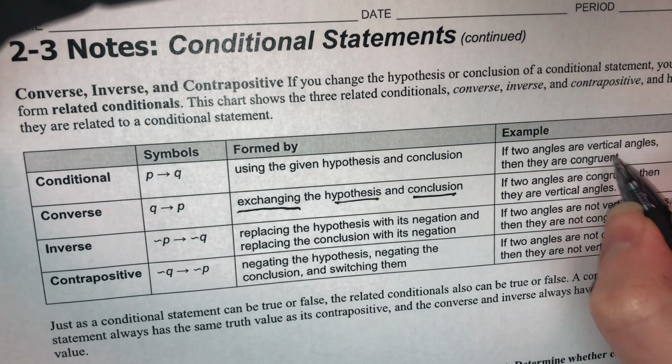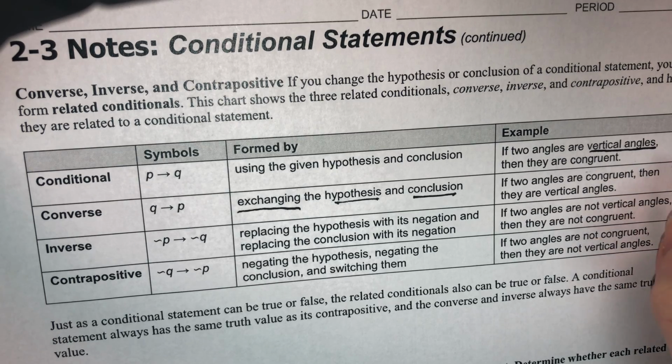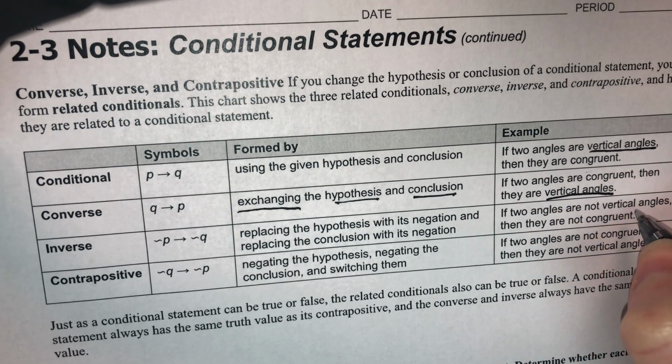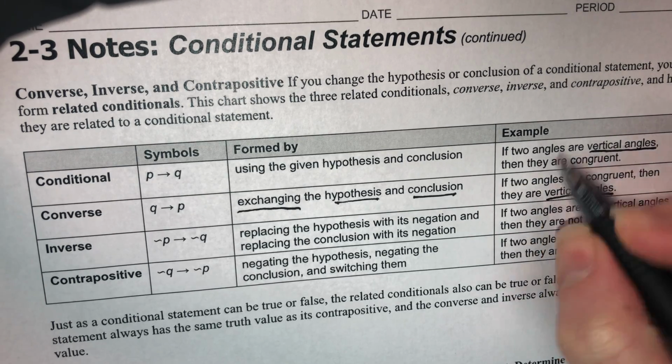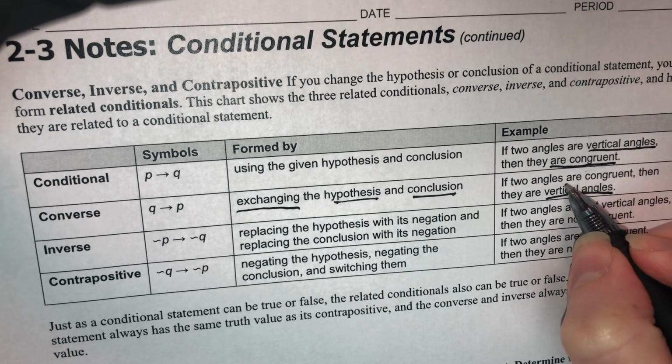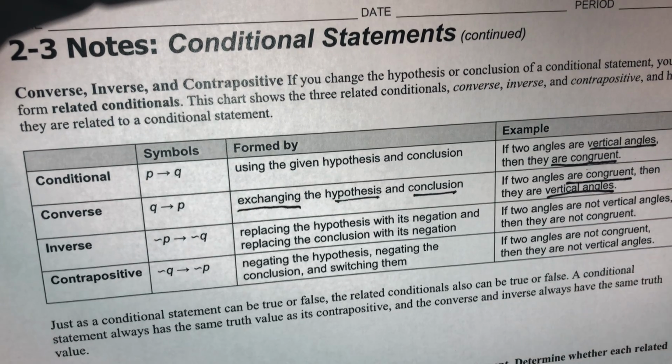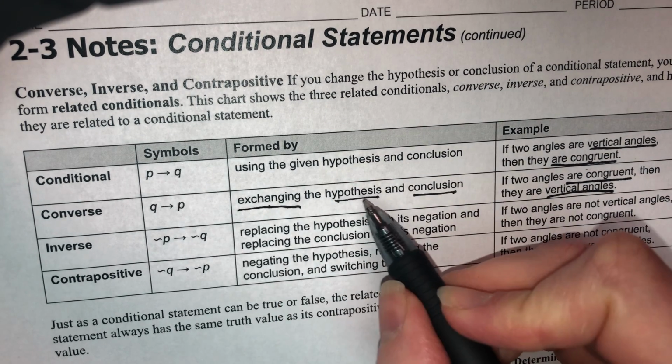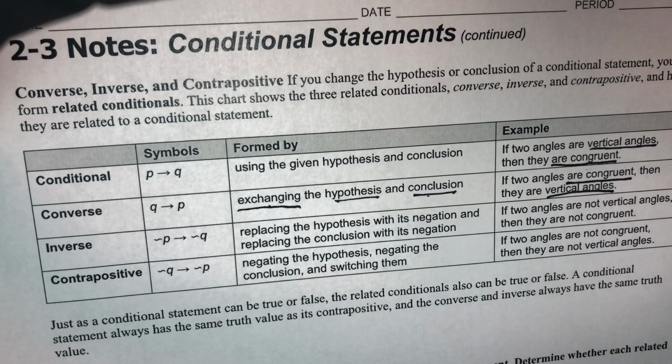So notice vertical angles was the hypothesis here, vertical angles is the conclusion here. Congruent was the conclusion here, are congruent is the hypothesis here. So we have exchanged the hypothesis and the conclusion.